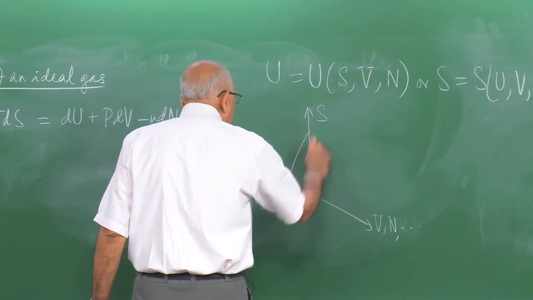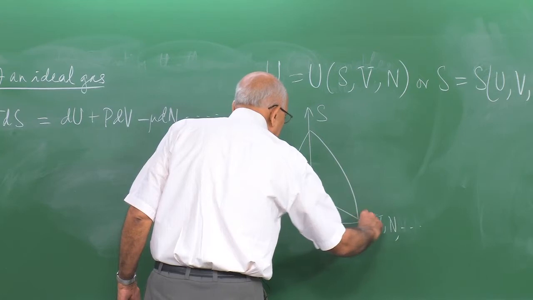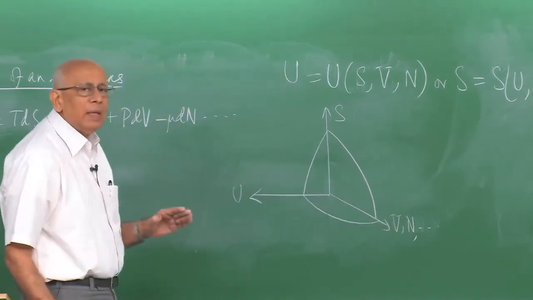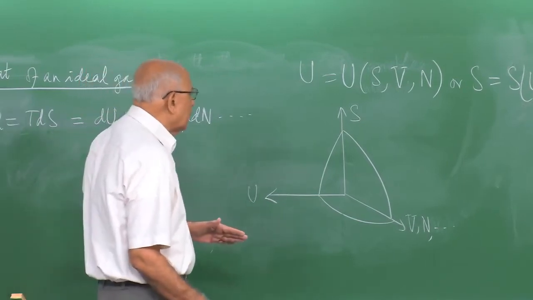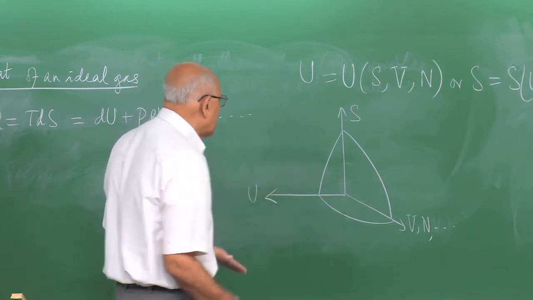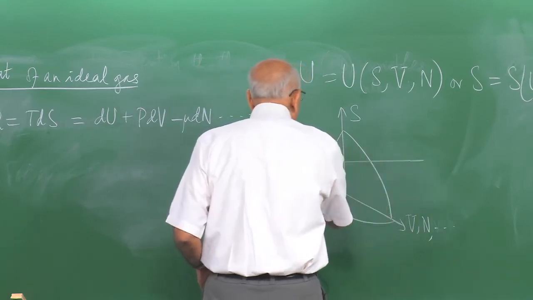Just very schematically, it would look like a convex surface of this kind, such that in a thermal equilibrium state, if for instance you looked at an equilibrium state in which the entropy is kept fixed at some point, then it would correspond to a section of this kind.